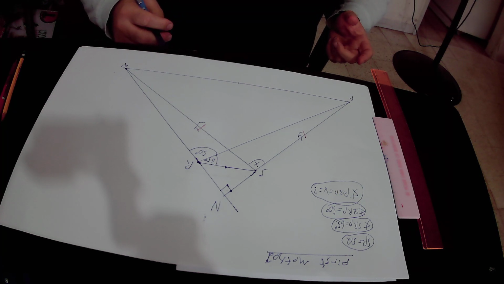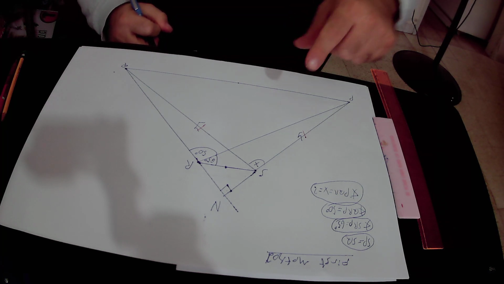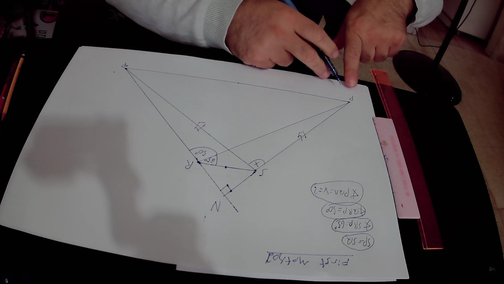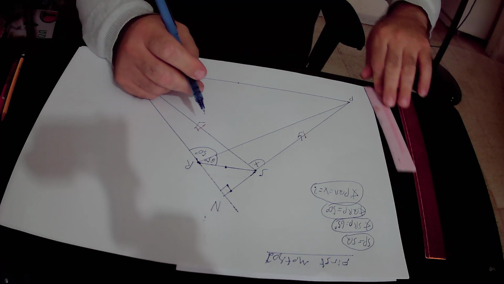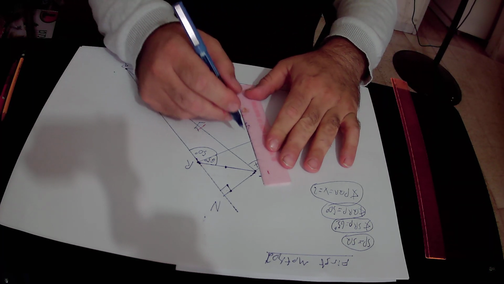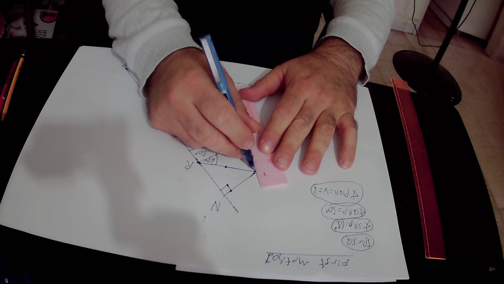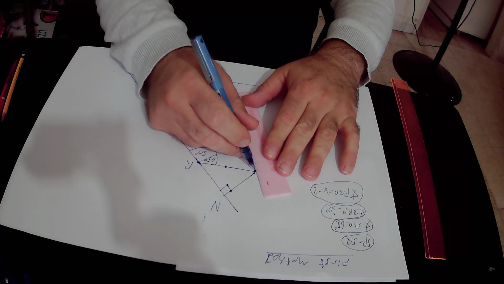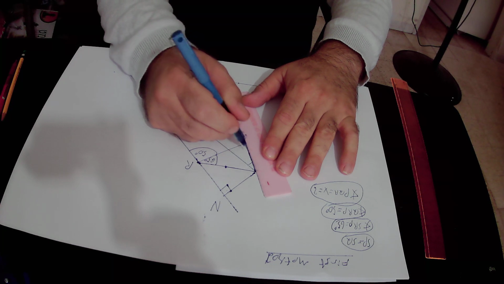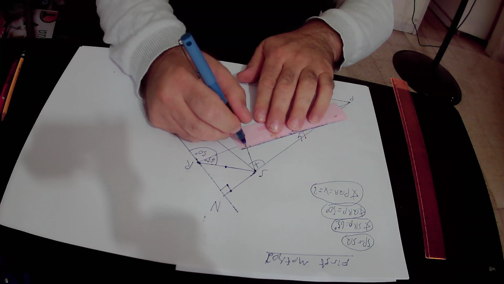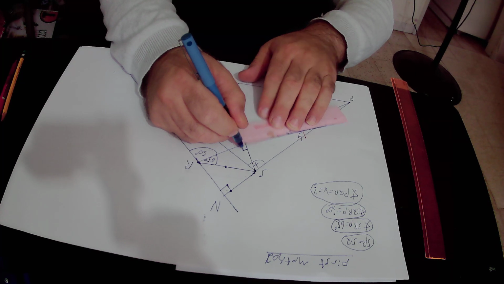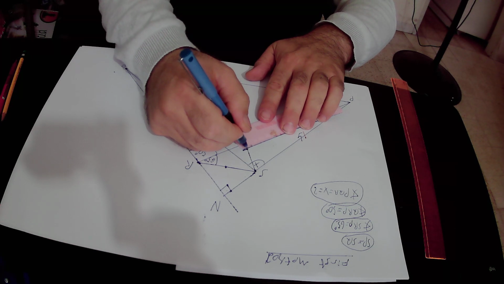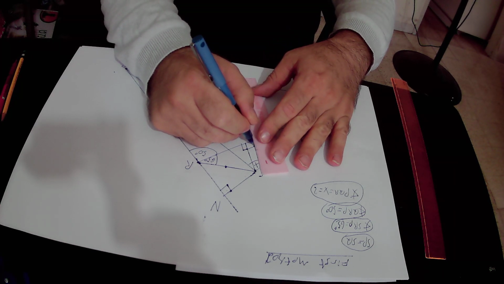Then in the next step we will draw a perpendicular to side PR. This angle is a right angle, it equals 90 degrees, and this angle is also a right angle, it equals 90 degrees.